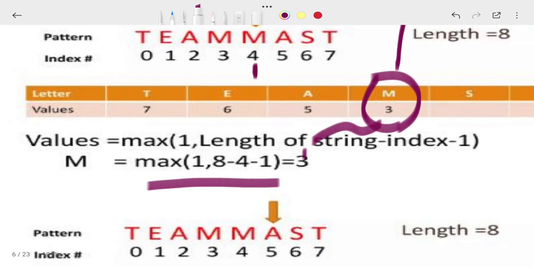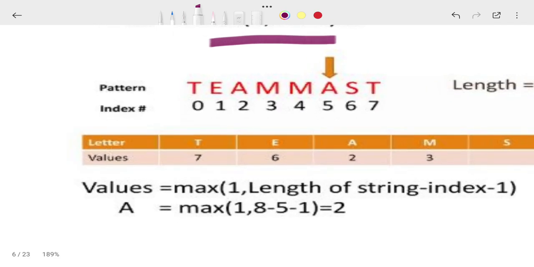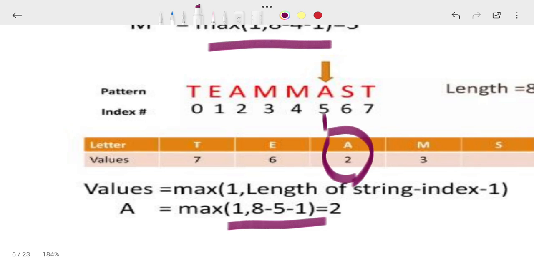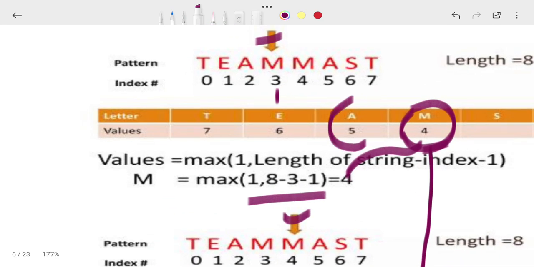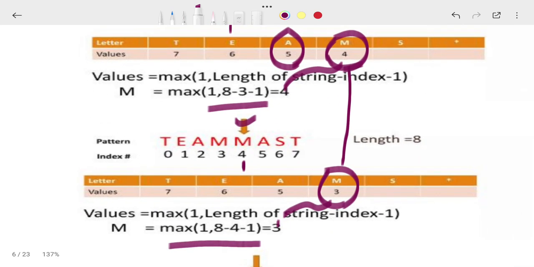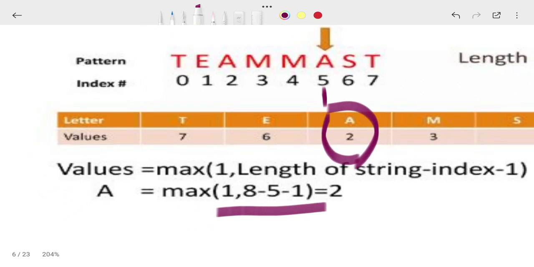Now for A: 8 minus 5 minus 1, where 5 is the index of A. So this is 2. Before, A was 5, so in place of it I am writing 2. This is the updated value of A.